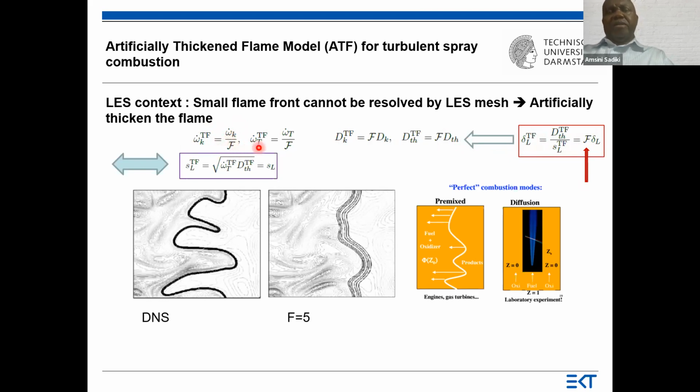To keep it correct, we then have to divide by F. If we multiply the diffusion by this factor and divide the reaction by this factor, then we keep the flame velocity constant. So the idea is to thicken the flame while preserving the flame velocity.